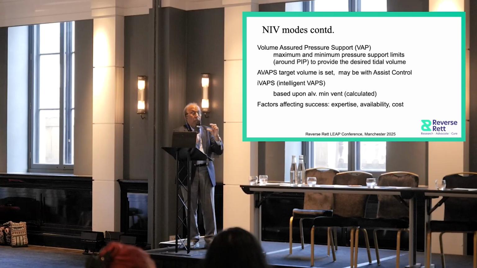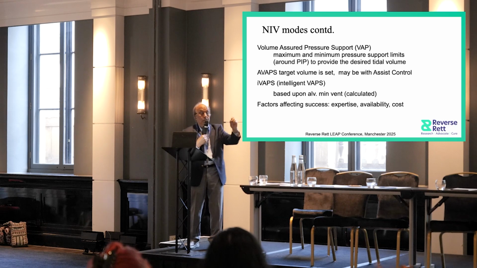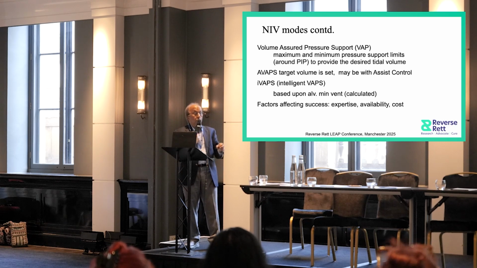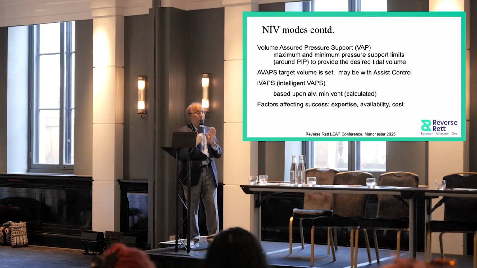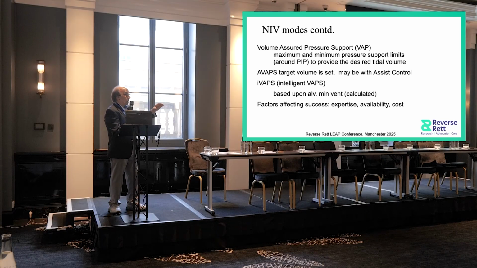Use this range and provide 300 cc to the patient. Let's say the patient is able to do only 150. The ventilator is going to add extra pressure to make it 300 each time, but the range of the pressure will be whatever you set there. So you're setting the volume, you're setting the range, and the ventilator is providing.